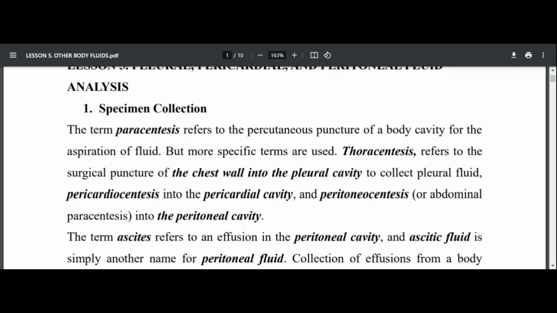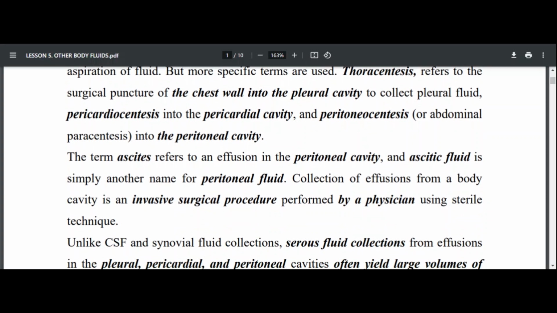So thoracentesis is to collect pleural fluids, whereas pericardiocentesis is to collect a pericardial specimen from the pericardial cavity, and peritoneocentesis is abdominal paracentesis, which is of course to collect peritoneal fluid from the cavity. The term ascites means effusion fluids in the peritoneal cavity, which we also call ascitic fluids, and is simply another name for peritoneal fluid.